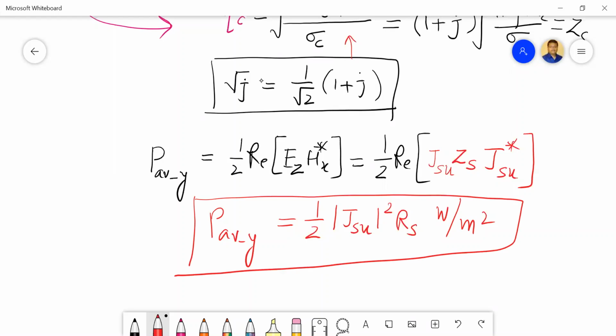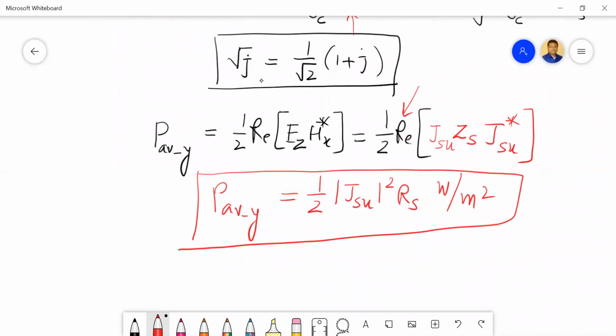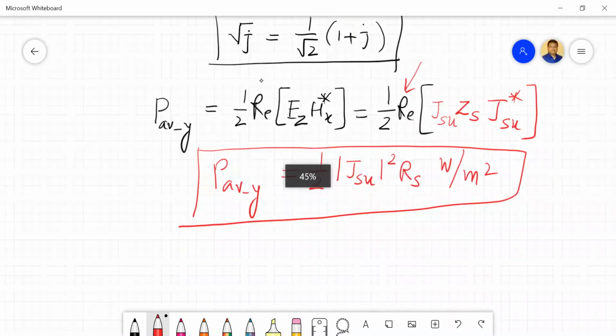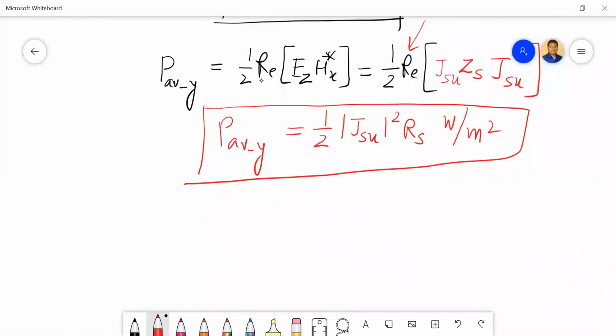Why did we write RS? Because if you check here, we remove this real part, and when we take the real part, we need to incorporate only RS, which contributes the real part. The imaginary part we are not taking, because the definition is like that. So now we have a very good relation, and we can estimate the average power in the y direction by this formula.